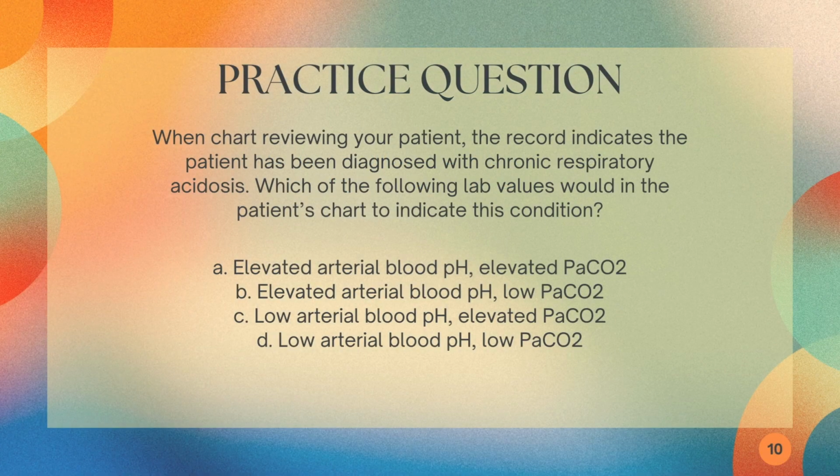Next question, when chart reviewing your patient, the record indicates the patient has been diagnosed with chronic respiratory acidosis. Which of the following lab values would be in the patient's chart to indicate this condition? A, elevated arterial blood pH and elevated partial pressure of carbon dioxide. B, elevated arterial blood pH and a low partial pressure of carbon dioxide. C, low arterial blood pH and elevated partial pressure of carbon dioxide.